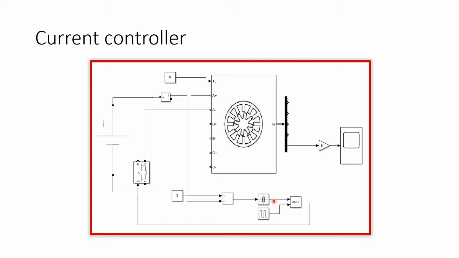So according to the on and off condition of this relay and the pulse generator, the logic gate, that is the AND gate, produces an output of either 1 or 0. If it produces 1, it will turn on this main switch. If the main switch is on, the current is less than 3 ampere. If this switch is turned off, the current exceeds 3 ampere.